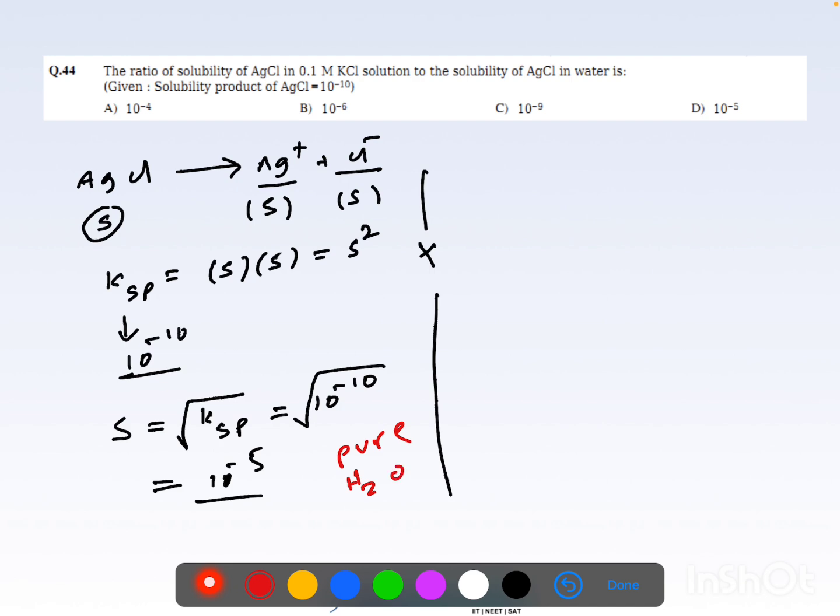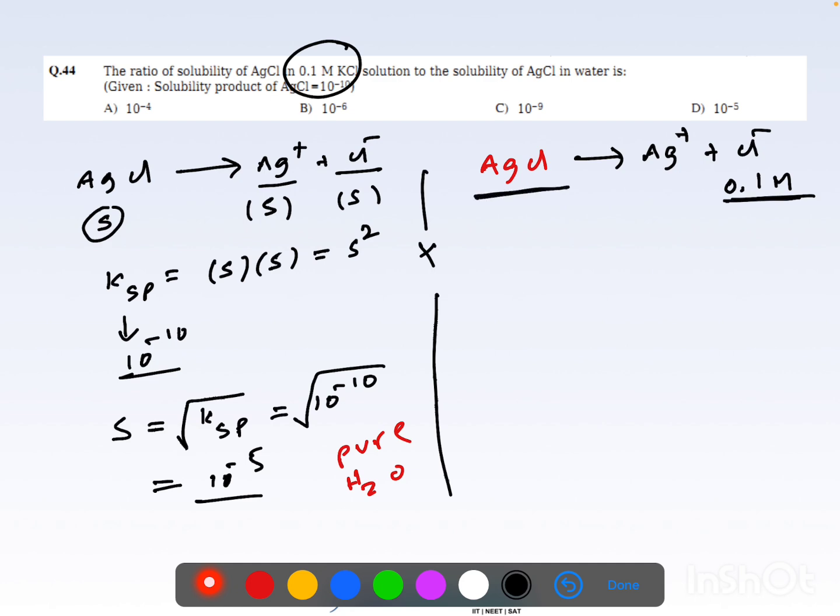So in the second case, AgCl is dissolved in a solution having 0.1 molar KCl. So there are already Cl minus ions here. What is its concentration? 0.1 molar. Now due to the common ion effect, the dissociation of AgCl decreases, so the Ag plus concentration will be decreased.